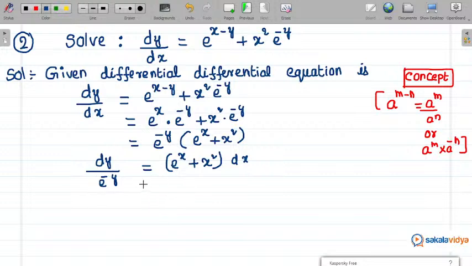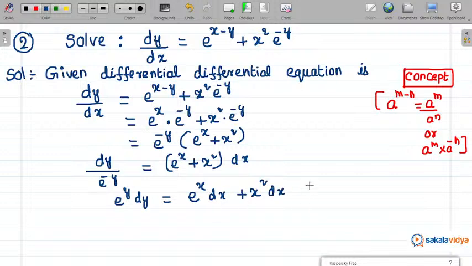Now the variables have been separated, so this is actually variable separable form. Before integrating, this can be written as e power y dy, because we have the formula 1 by a power minus n is a power n. So e power y dy equal to e power x dx plus x square dx.